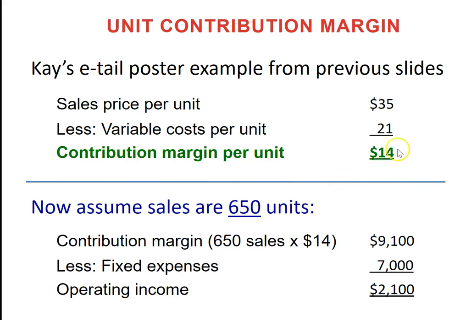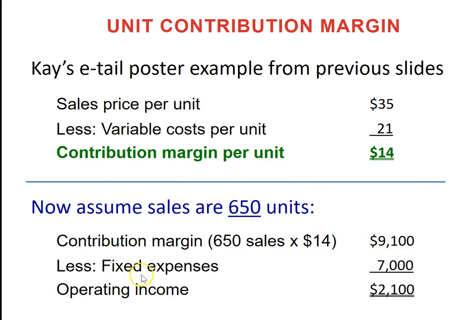You can just take this little information, contribution margin per unit, which is $14, and figure out their total contribution margin when they are selling 650 posters, which will be 650 times $14.